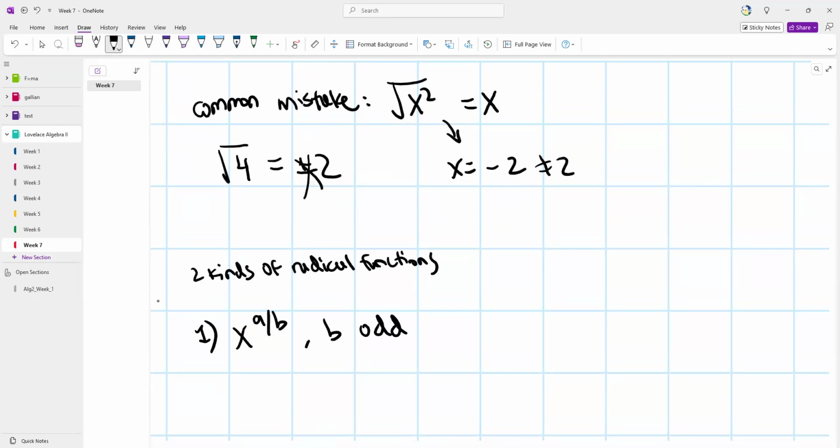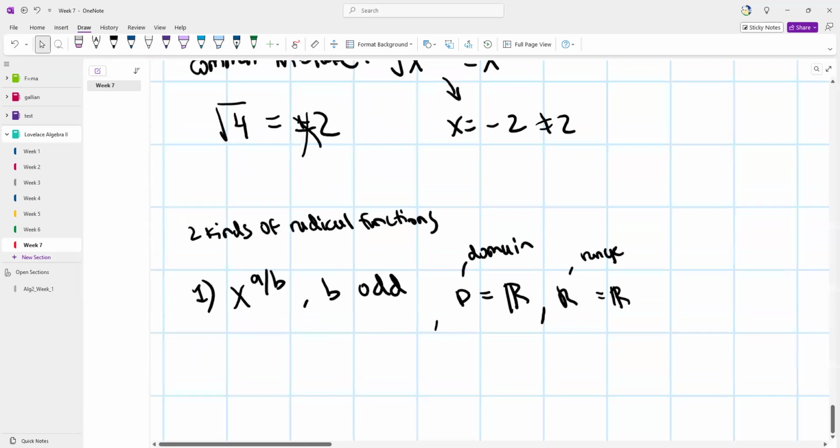In this case, everything is perfectly fine. This is the domain, by the way. It's just any real number, and the range is also any real number. Well, I guess it kind of depends on what a is.